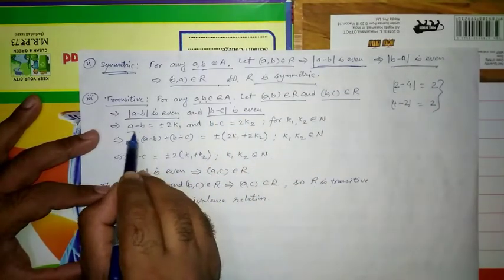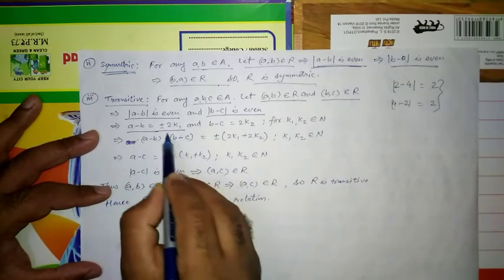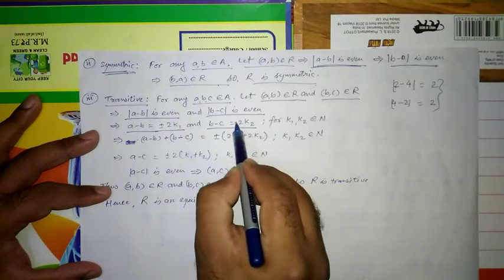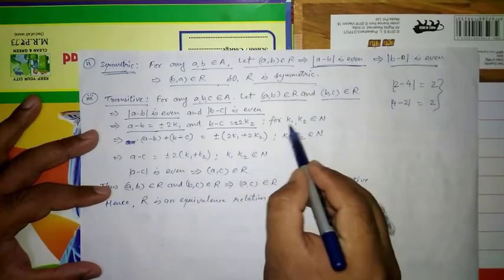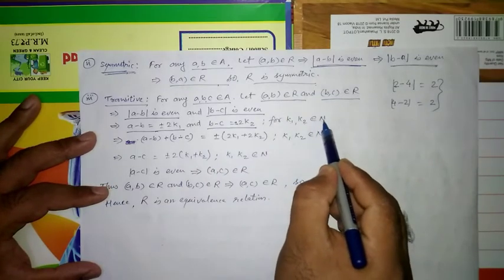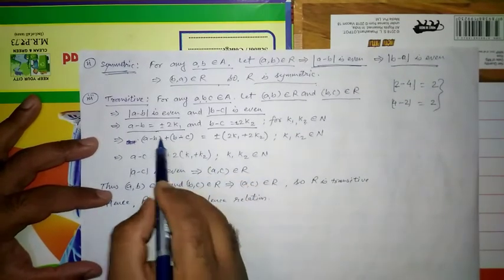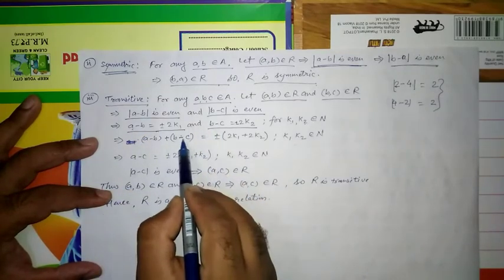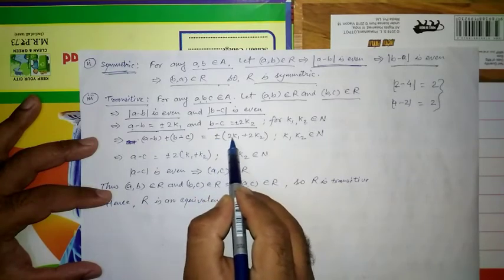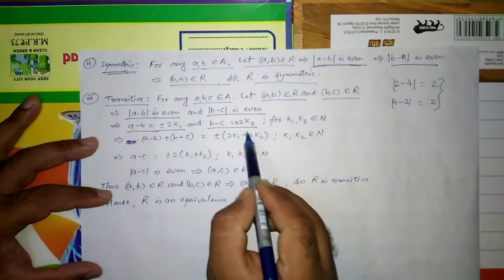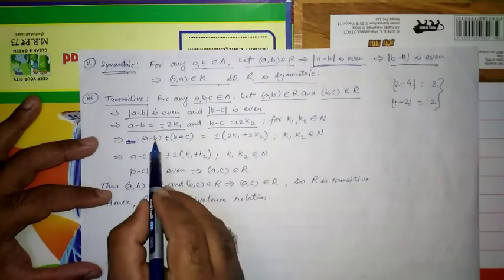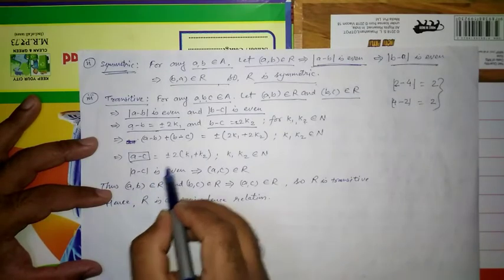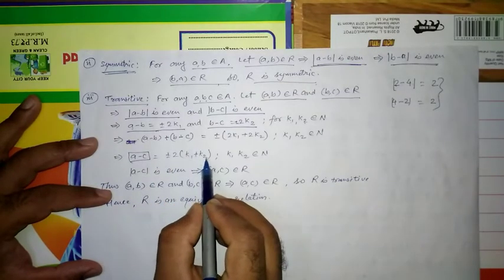We can write A minus B equal to plus minus 2k1 and B minus C equal to plus minus 2k2, for all k1, k2 that belong to N. So if we add these two, it will become A minus B plus B minus C, equal to plus minus twice k1 plus twice k2. So B and B will get cancelled. It will be A minus C, equal to plus minus 2 times (k1 plus k2).